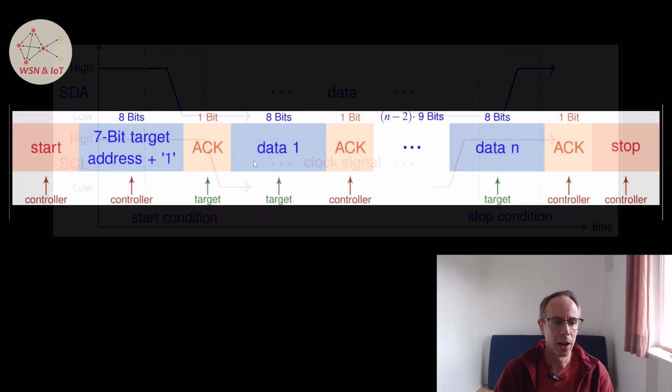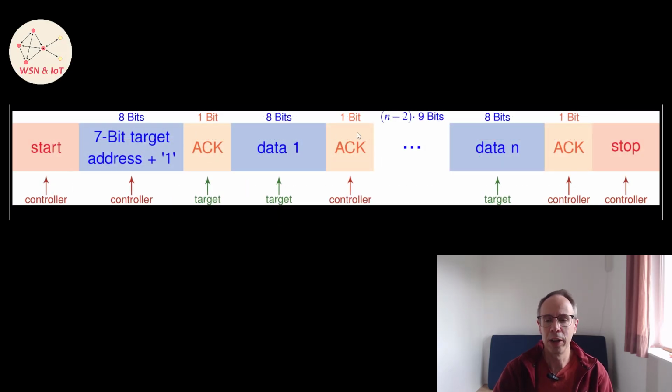When we look at a read communication, for example, we have here the controller, which is our SoC, our nRF54L15 board, and the target, which is our sensor. In earlier times, the names for this were master and slave, but nowadays we're using controller and target.